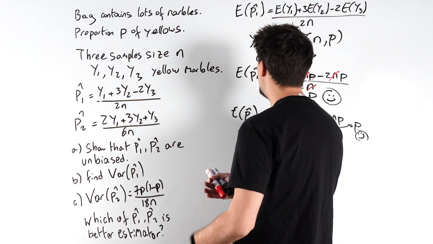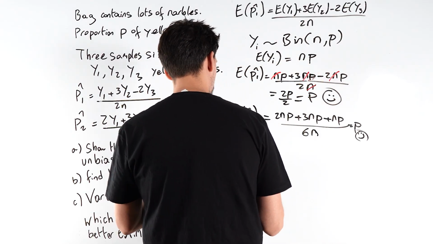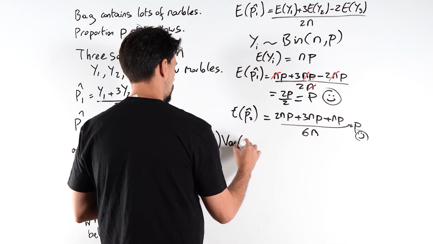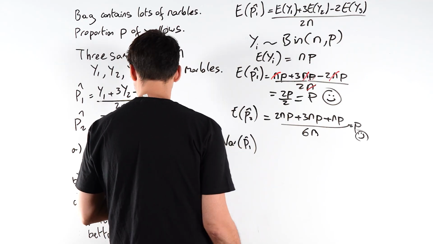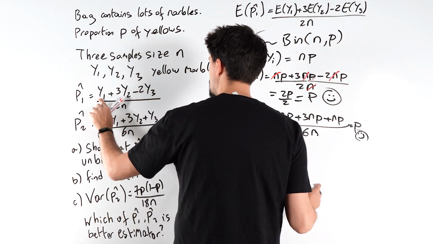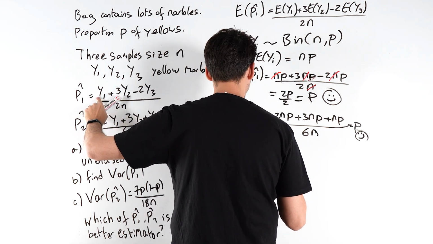Well, let's find the variance of P1. Now y1, y2, and y3 are independent.